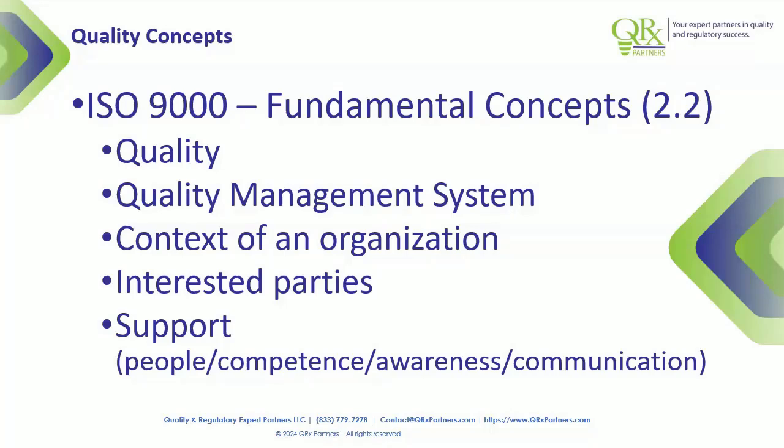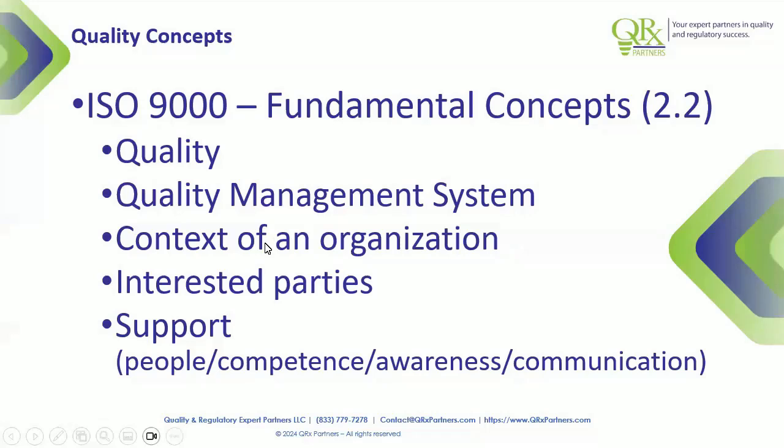Okay. And so, again, the current edition, 9000:2015, has these fundamental concepts: the concept of quality, and then the quality management system. Quality means how do you produce things that meet requirements. The quality management system is a set of processes that integrate with one another to achieve an outcome.